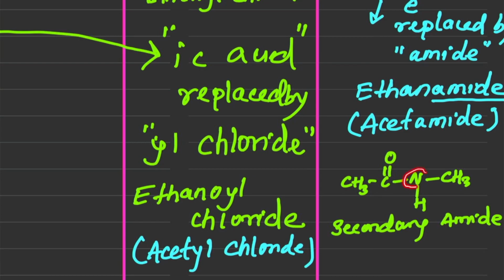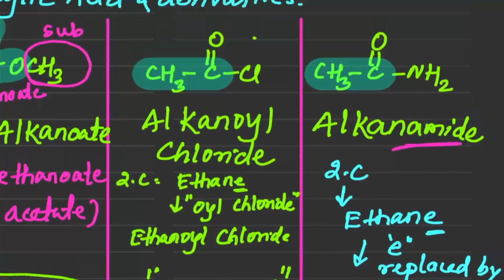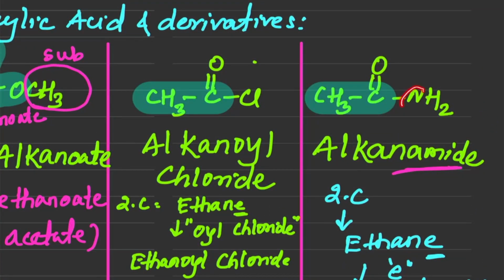Because nitrogen is connected to two carbon chains. Here, the nitrogen in the amide is connected to two carbon chains. If you compare here, the nitrogen is connected to one carbon chain. So this is a primary amide. So you can have a tertiary amide too.